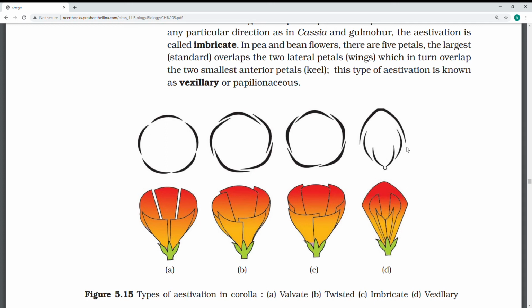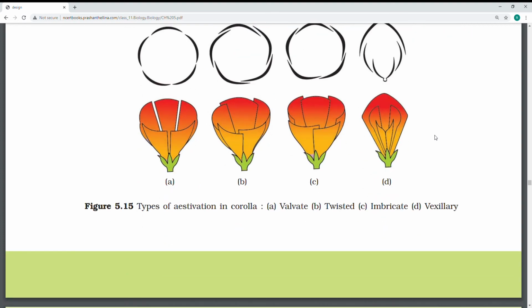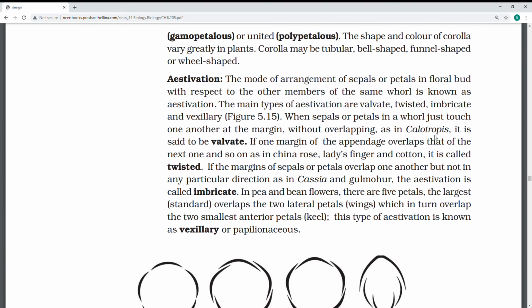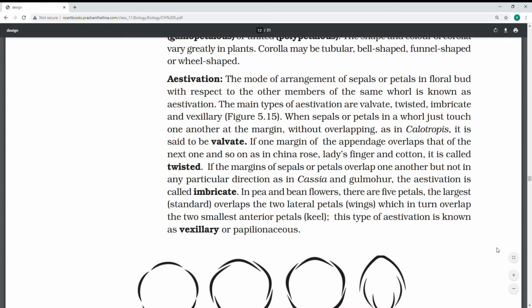This is the largest one, these two are one by one. So see, they have given the types and examples for the first and second ones. For valvate they have given calotropis, and for twisted they have given ladyfinger, China rose.